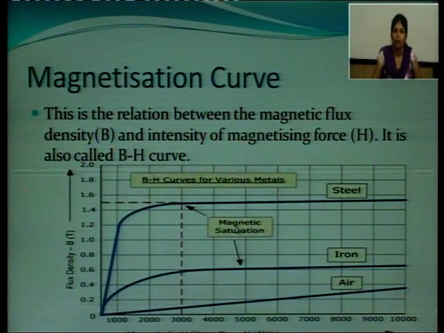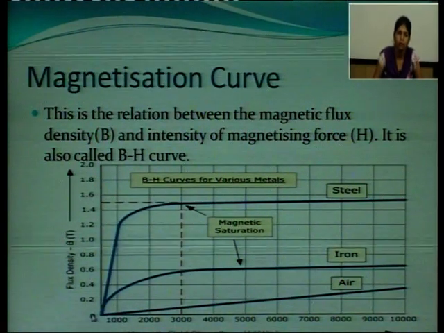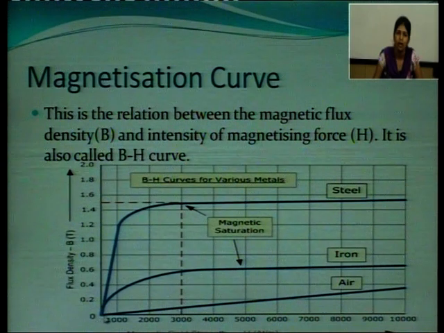Now next is magnetization curve. This is the curve which shows the relation between the magnetic flux density B and the intensity of magnetizing force, that is H. So if we plot a graph between B, the flux density, and H, the intensity of magnetizing force, then that curve is known as magnetization curve.